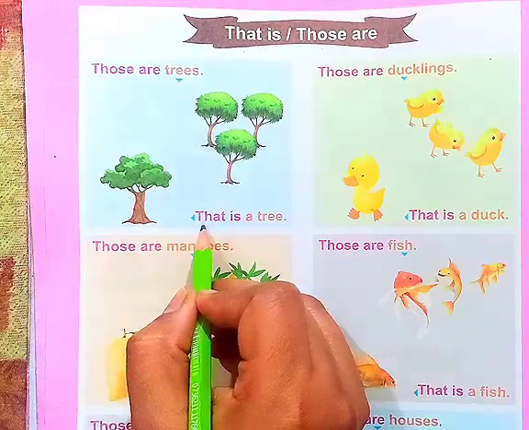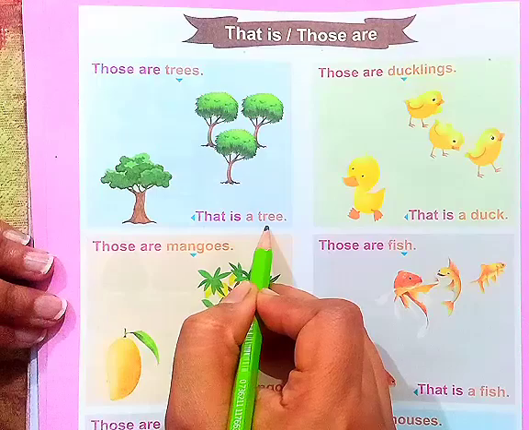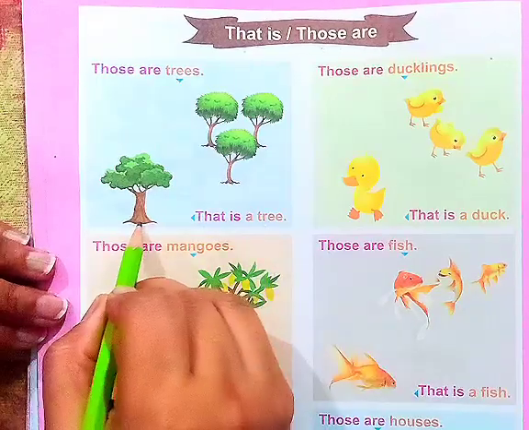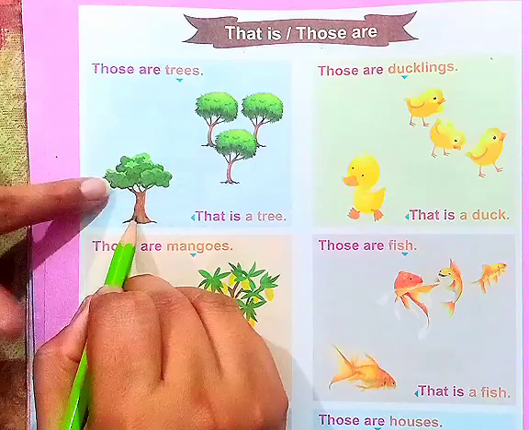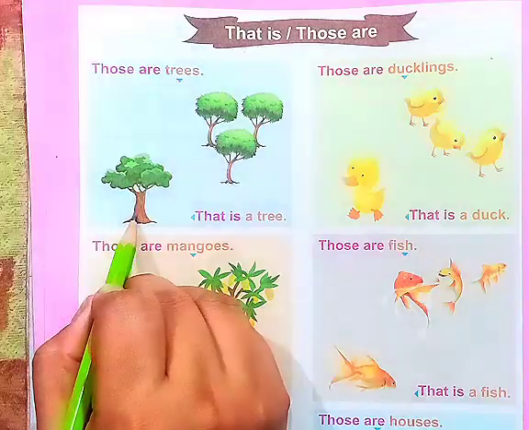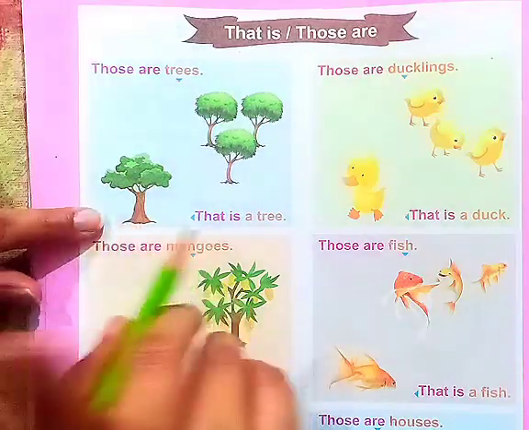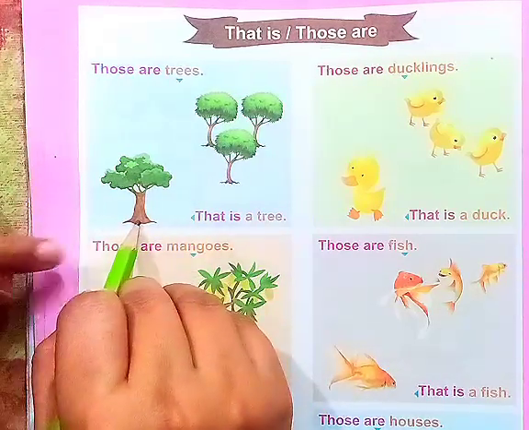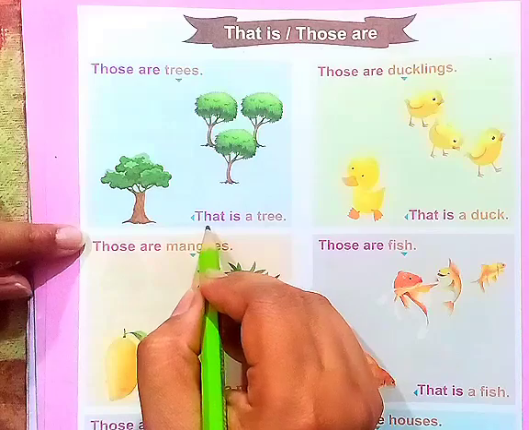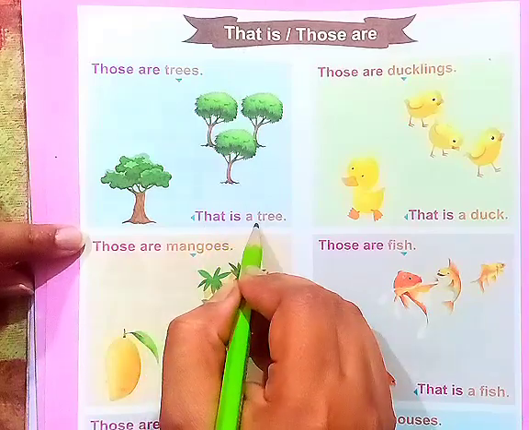That is why I'll say that is a tree, right? And this is a single tree. And also this tree is far away from me. This tree is not near to me, and this is also a single tree. So that is why we will say that is a tree.